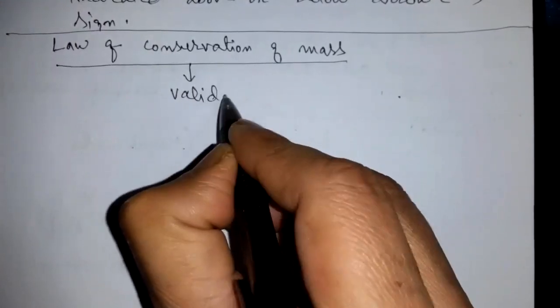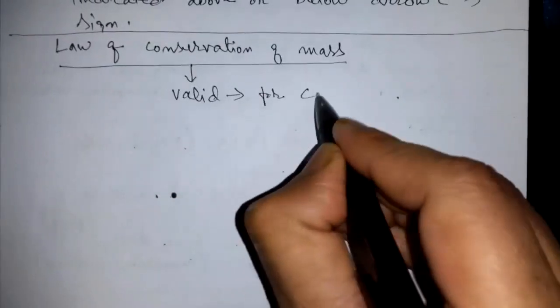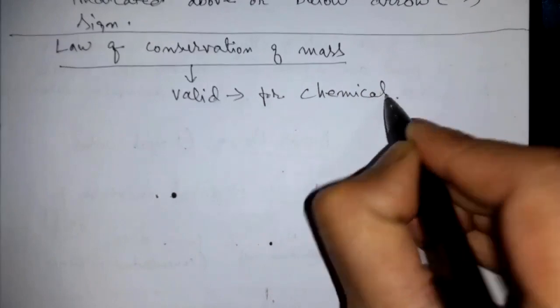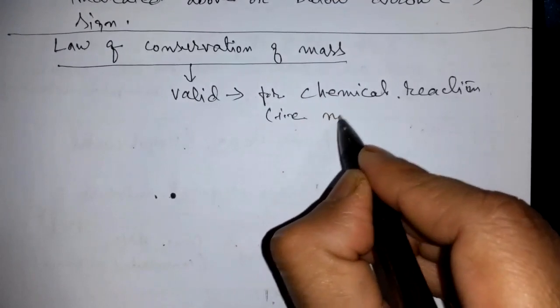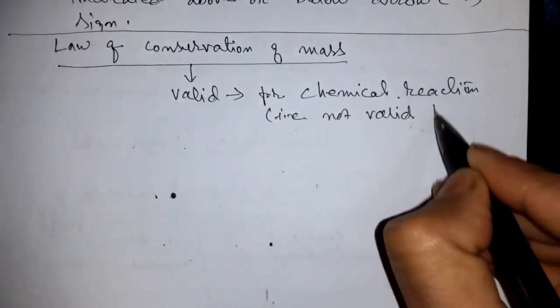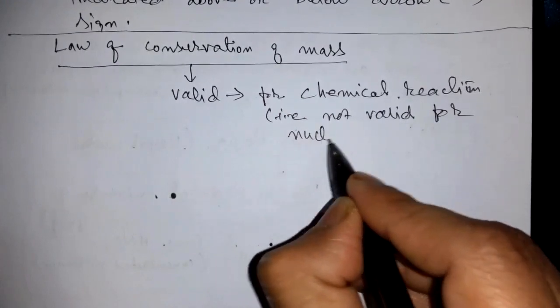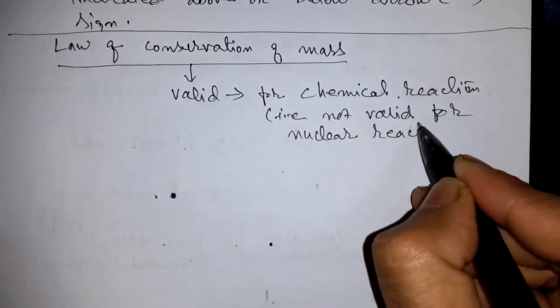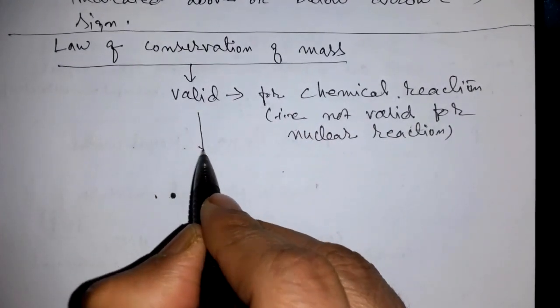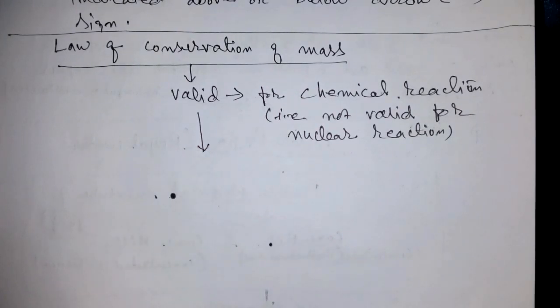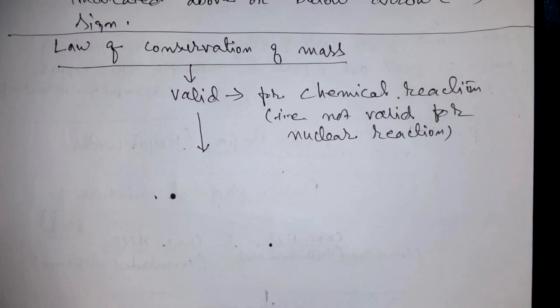So this law is valid for chemical reaction. That is, this law is not valid for nuclear reaction. What is this law telling? The law is telling that whenever a chemical reaction takes place, the total mass of reactant and the total mass of product must be equal.